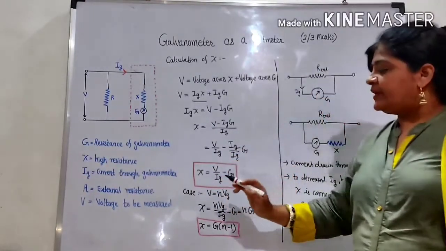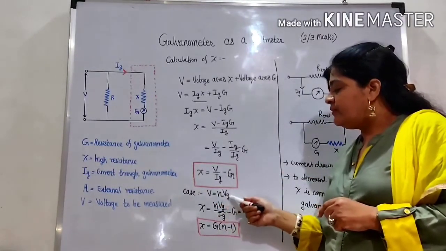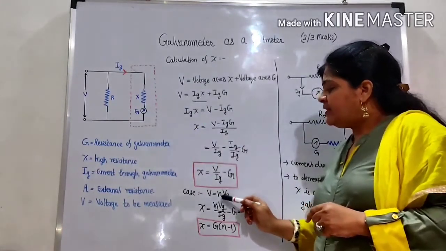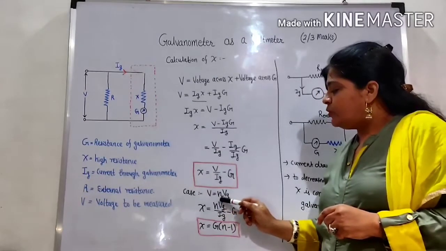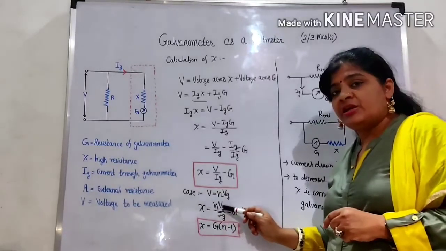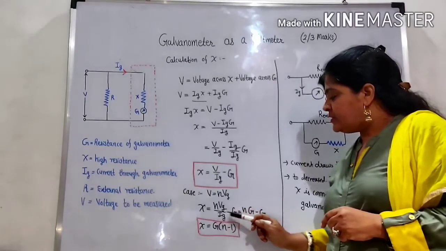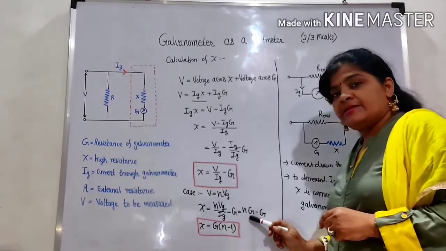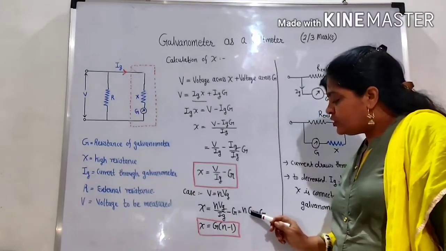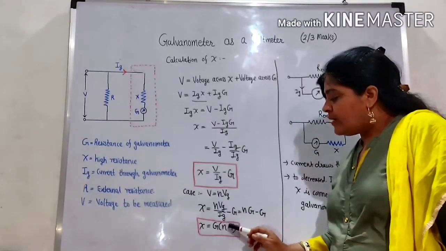Now we take the next case, where V is n times Vg, that is, the voltage is n times the galvanometer voltage. V is equal to nVg. Substitute into the above equation. X is equal to nVg upon Ig minus G. Vg upon Ig gives the resistance of the galvanometer, that is G, which is equal to nG minus G. Taking G common, G into n minus 1.